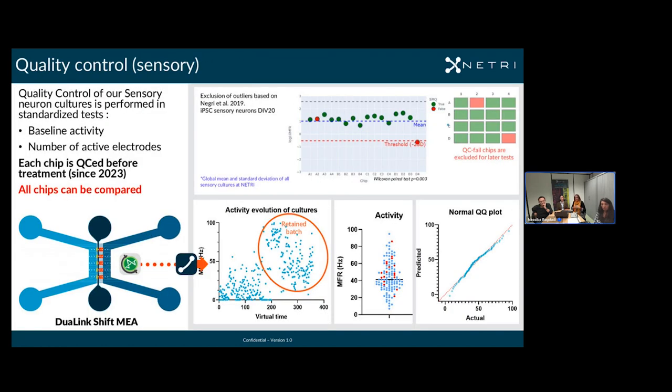Before doing any kind of treatment, we quality control our cells by a basal MEA recording that will allow us to compare afterwards. Quality control is based on a minimum of baseline activity and also a certain number of active electrodes before we can consider that the chip is okay to be tested.